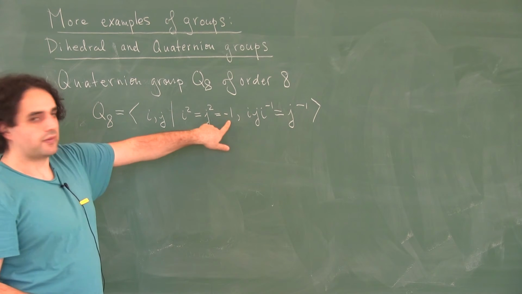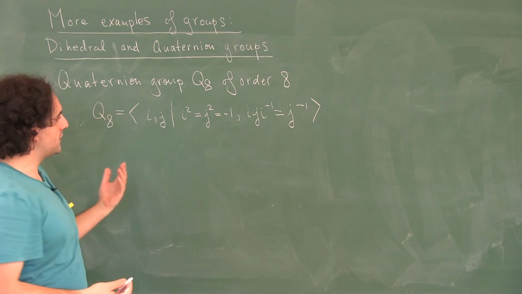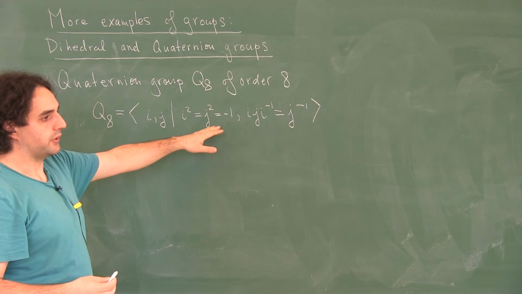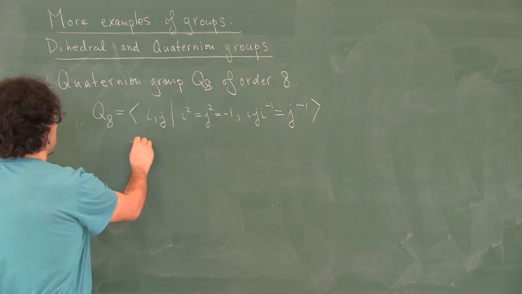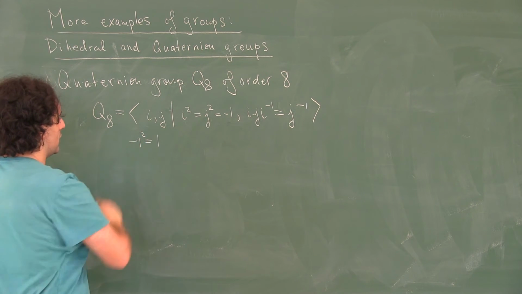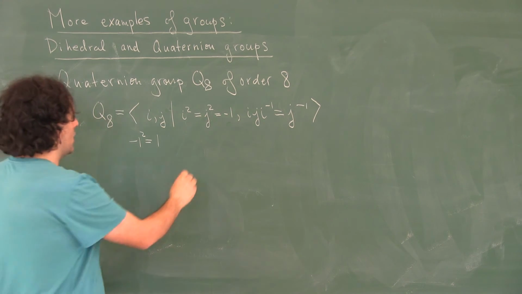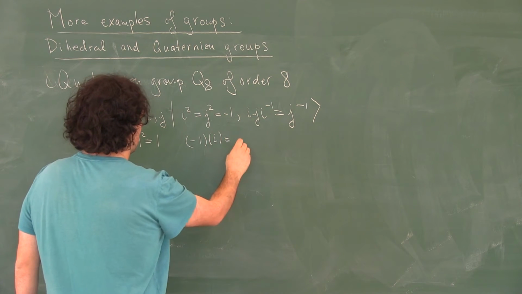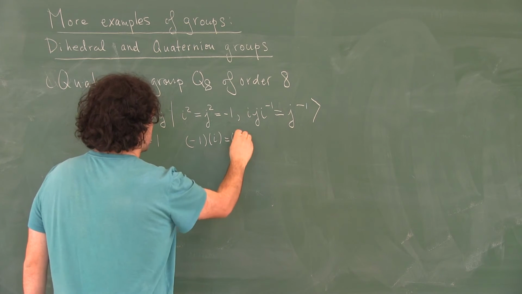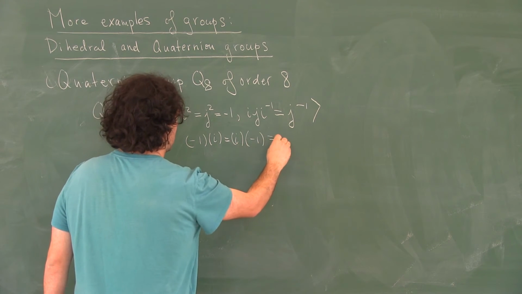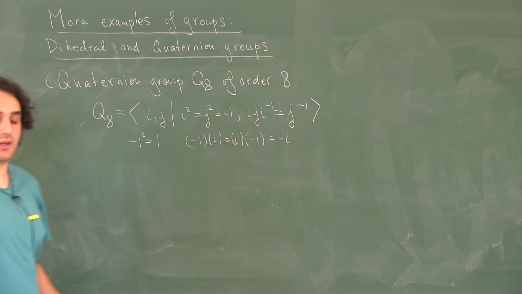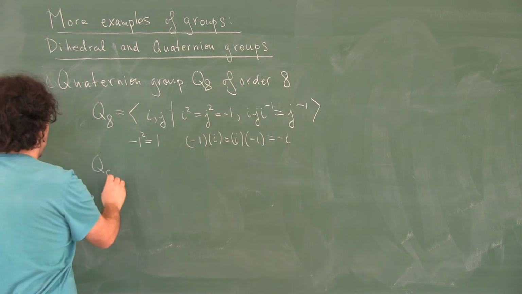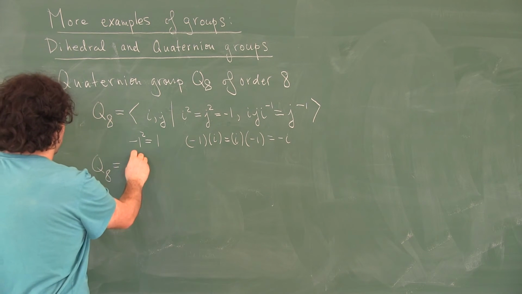When I write this element -1, it satisfies the usual rules for multiplication that you are used to. So -1 squared is equal to 1, the identity of this group. And for example, -1 times i is equal to i times -1 is equal to an element that we call -i. Using these rules, it's easy to write down the 8 elements of this group.